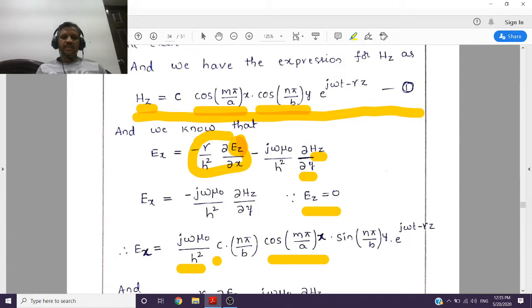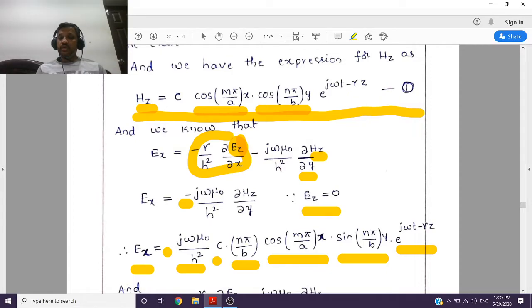So you get a minus sign, and minus into minus becomes plus. The cos of n pi by b into y will become minus sine of n pi by b into y, and differentiating n pi by b into y with respect to y, you get simply n pi by b. Finally, e power j omega t minus gamma z is independent of y, so you can write it as it is. Now this is your expression for Ex.